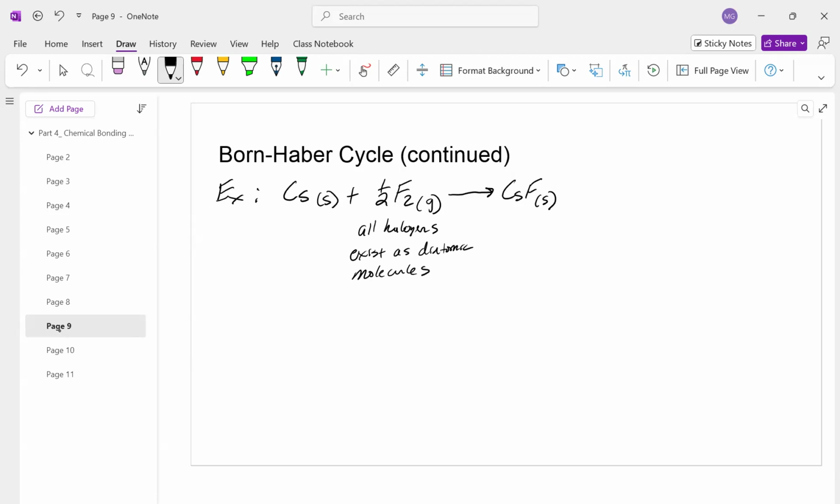So fluorine, chlorine, bromine, iodine all exist as diatomic: F2, Cl2, Br2, I2. A couple others to memorize are nitrogen and oxygen as well.